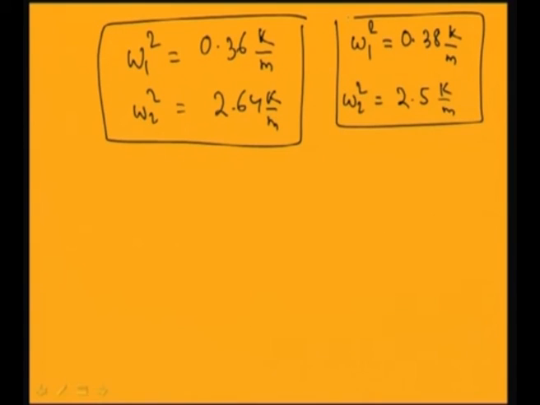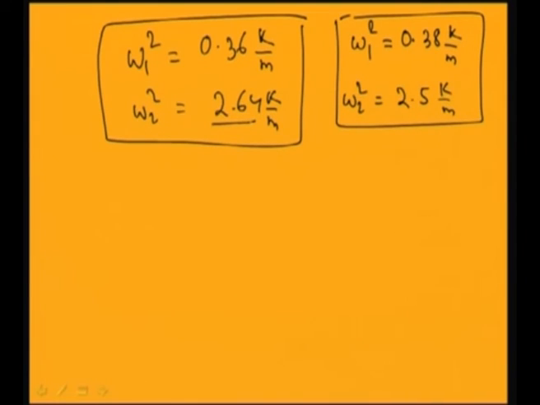So just note that by taking the static deflection we obtained values very close for the first mode and second mode frequency. Here the first mode is 0.36 and here we are getting 0.38, and in case of the second mode the exact eigenvalue is 2.64, and here we are getting 2.5.